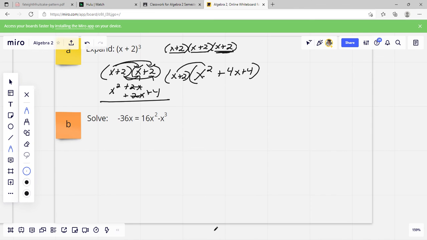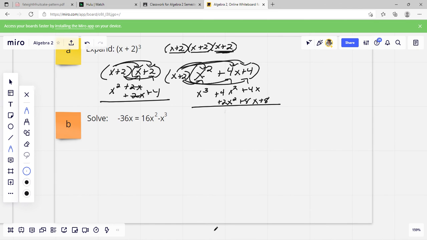So then we're going to get x to the third plus 4x squared plus 4x, and then here we're going to have 2 times x squared, so plus 2x squared. 2 times 4x would be 8x, and then 2 times 4 is 8.